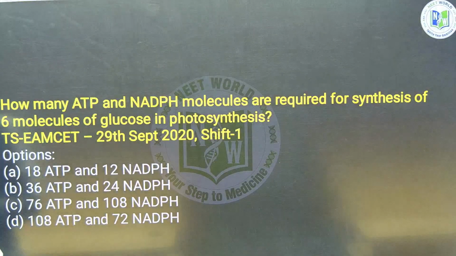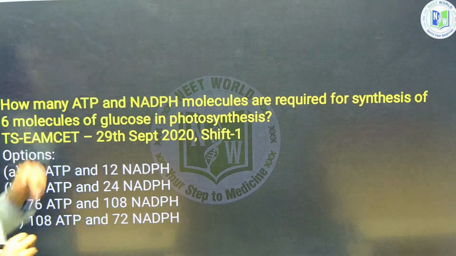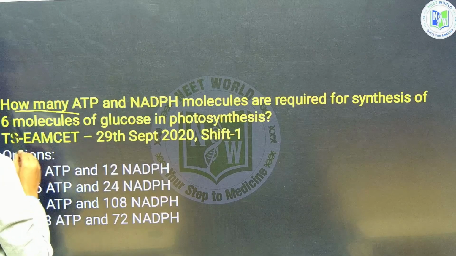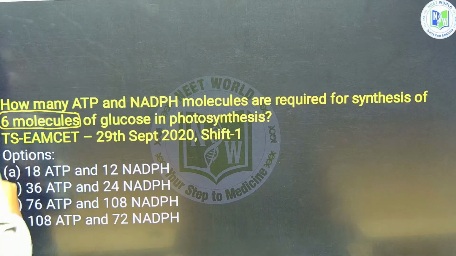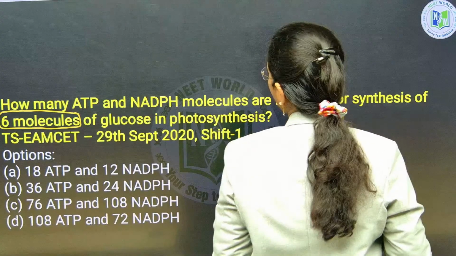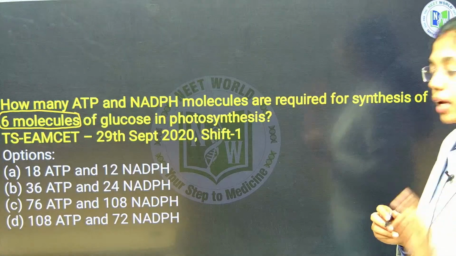How many ATP and NADPH molecules are required for the synthesis of 6 molecules of glucose? For the synthesis of 6 molecules of glucose, how much ATP and NADPH are required? Here we go.